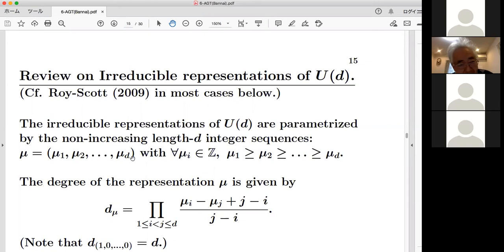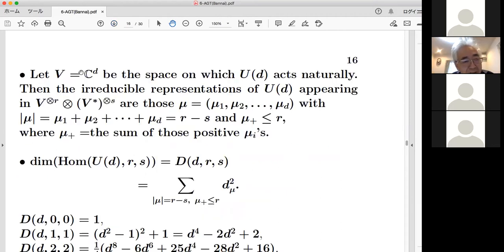For this integer sequence, namely this irreducible representation, the degree of the representation is given by this formula. So this is explicitly known. And in particular, if we take (1, 0, 0, ..., 0), this is the natural representation of degree d in d-dimensional Euclidean space. Okay, now let V be the d-dimensional complex vector space on which U(d) acts, and then V-bar is its dual space, namely the complex conjugate space.